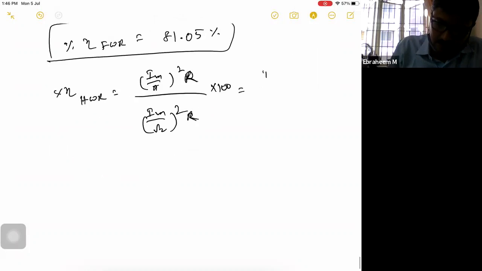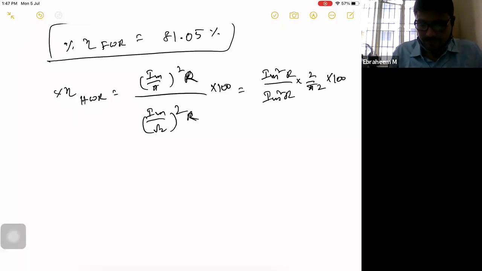So this is equal to I maximum square into R by R into 2 by pi square into 100, right?